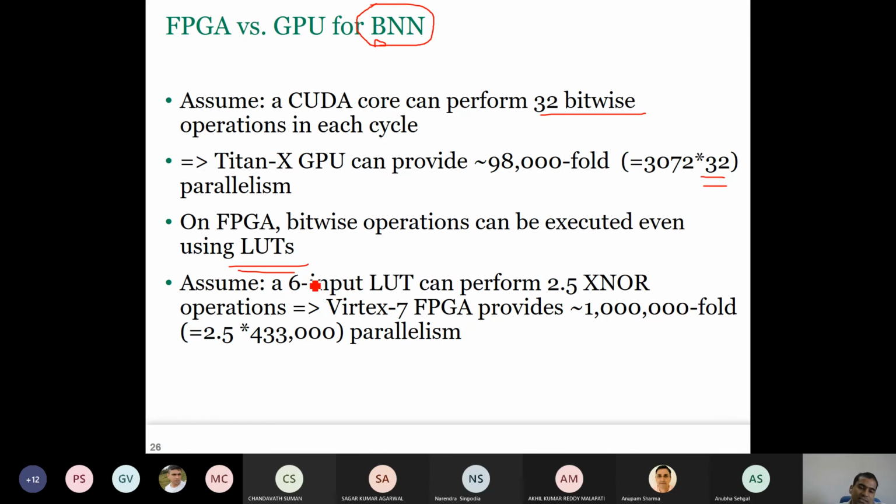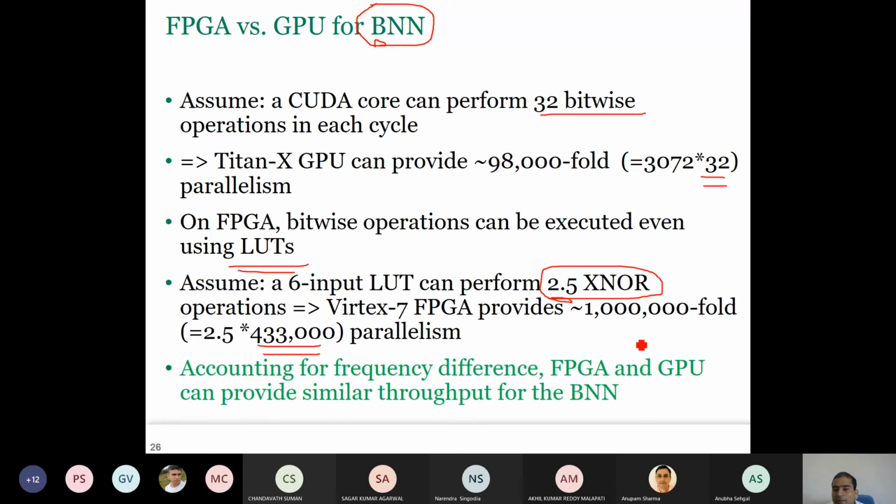Each of our LUTs is, suppose, 6-input, and each LUT can perform 2.5 XNOR operations. So that's why Virtex 7, this FPGA that we are discussing, can give us 1 million-fold parallelism, right? Because we multiply 2.5 with the number of lookup tables.